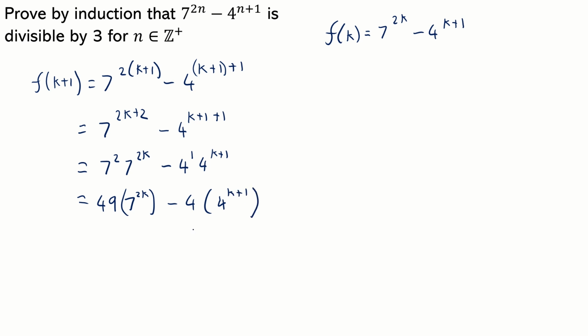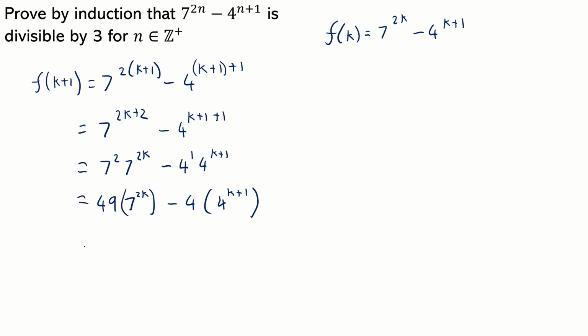Now what we're going to try and do is rewrite this in terms of f of k, and that's where we're linking back to what we said a couple of slides ago, where we're talking about the fact we've got things that are multiples of what appears in f of k. What you want to do is choose a multiple of f of k to separate out from this, so that the bit we've got left over, the remainder if you will, is something as simple and small as possible.